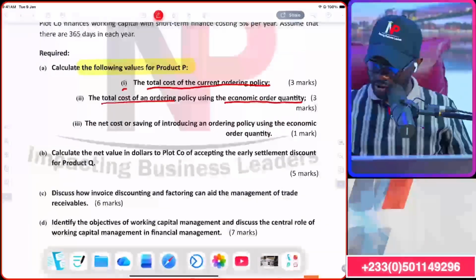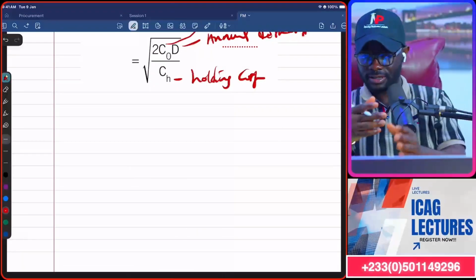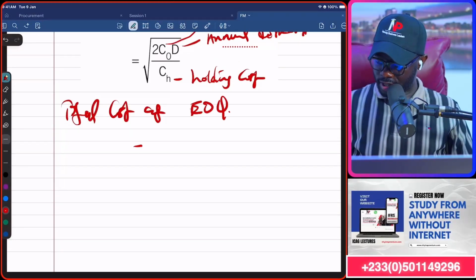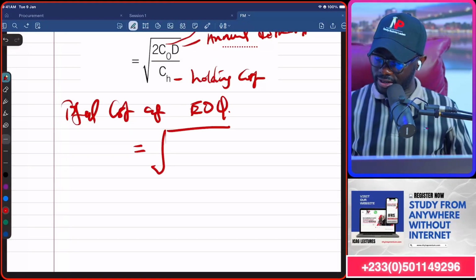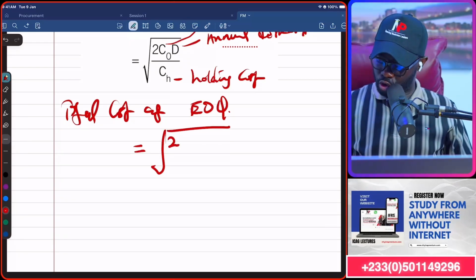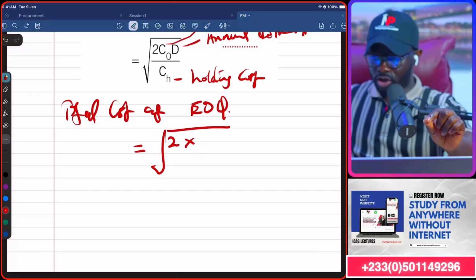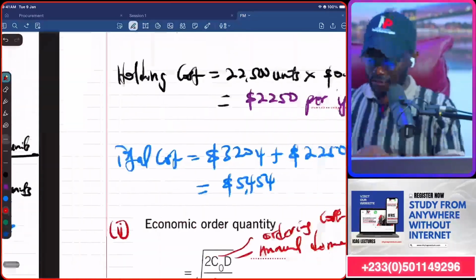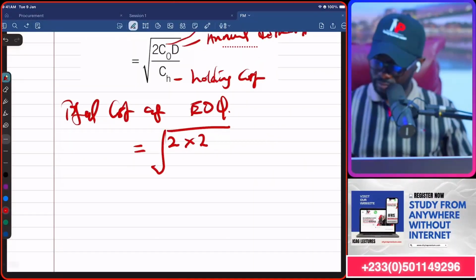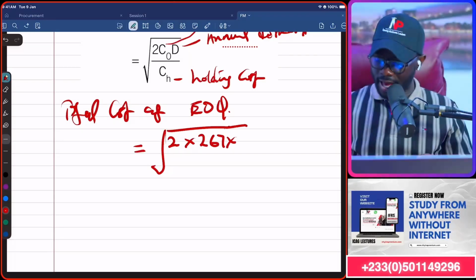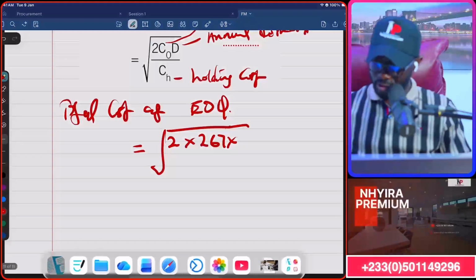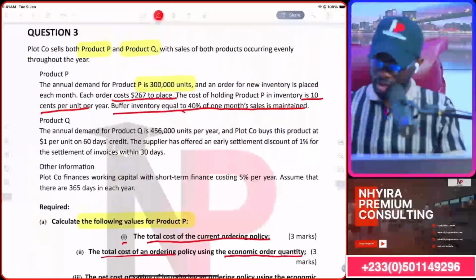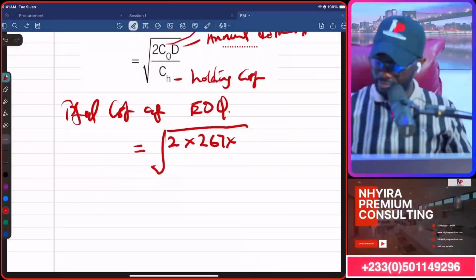So the second scenario is the total cost at the EOQ, economic order quantity. So let's get the economic order quantity. It will be square root of 2 times the ordering cost, which was given to us to be 267 per order, multiplied by the annual demand, which is given in the question, annual demand 300,000.